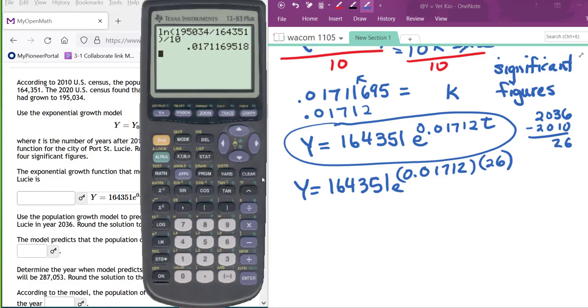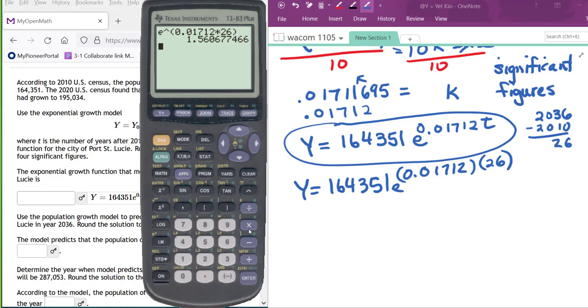So when we enter in our calculator, we'll start with the e and do this multiplication last. So we're going to do second e to the power. We'll use parentheses. So 0.01712 times 26, close parentheses, and you could hit enter there if you want, right?